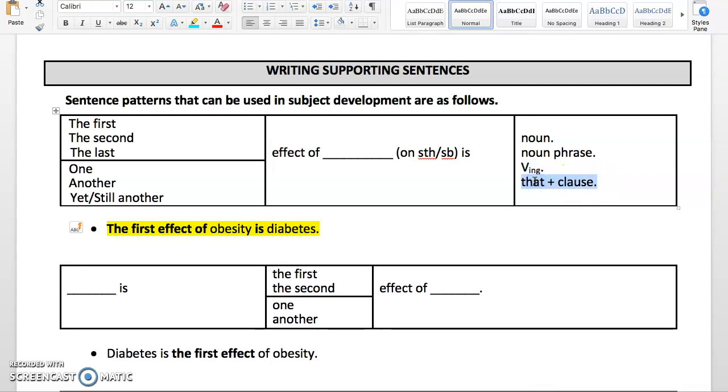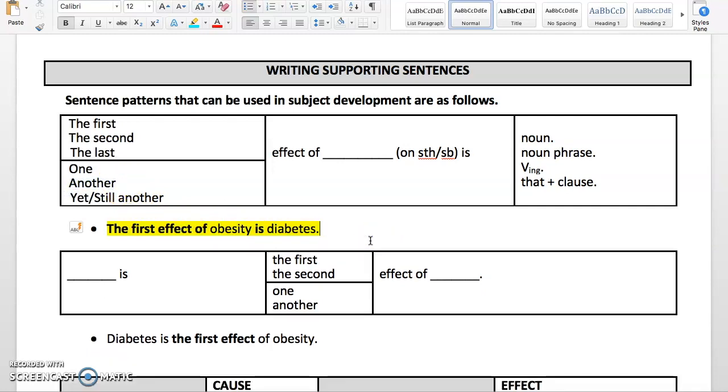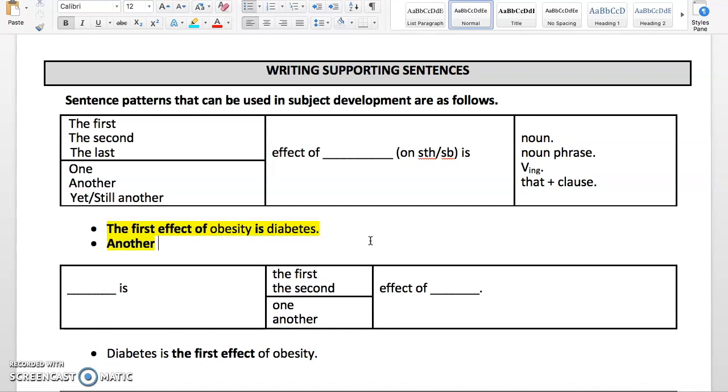What is this? A noun clause. We have an example here. The first effect of obesity is diabetes. Let's write another sentence with this. Another effect of obesity is, let's write a noun clause, that people may suffer from heart attacks.